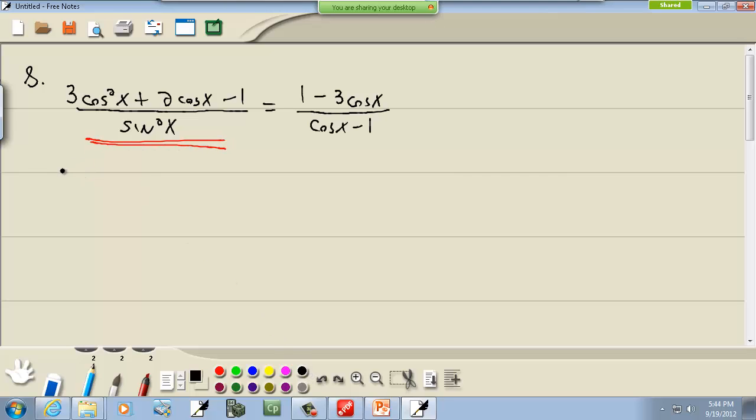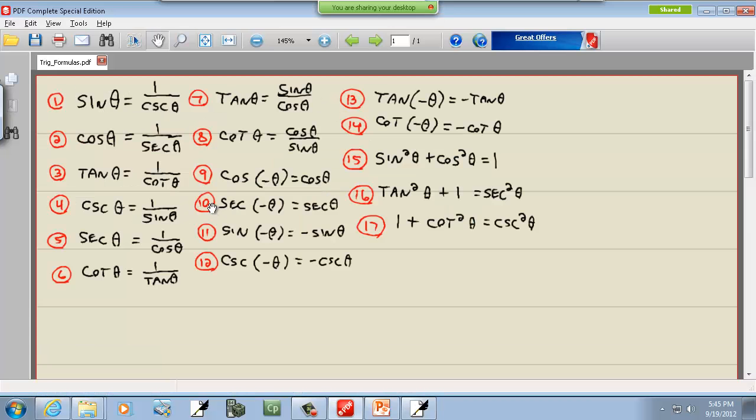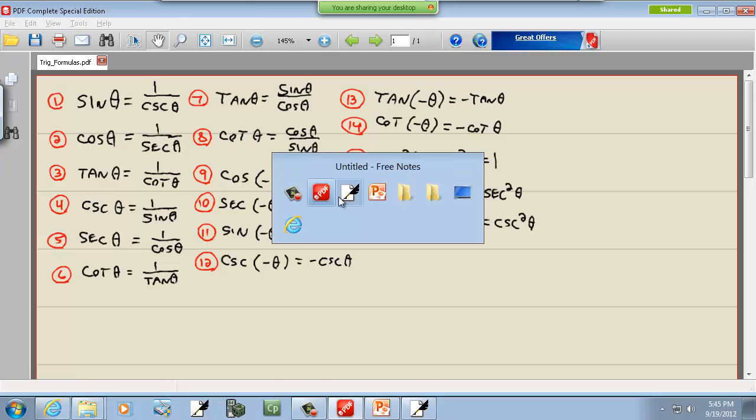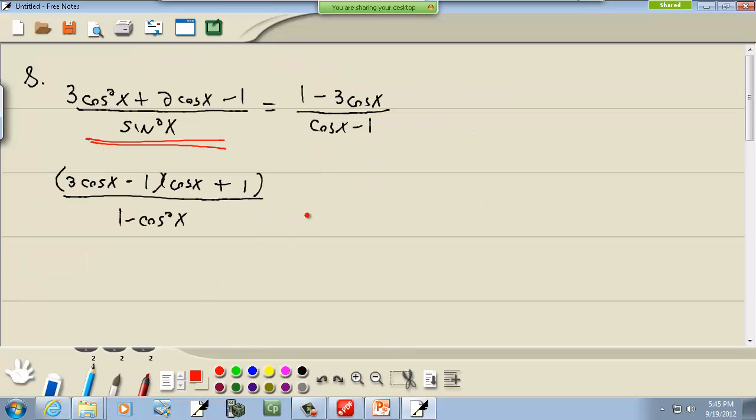Okay, so the top part looks like it factors, so that would be (3 cosine x - 1) times (cosine x + 1), plus here and minus here. Now the bottom part is in terms of sine squared, so we want to rewrite that in terms of cosine squared. That would be 1 minus cosine squared, using number 15 from when we did that.